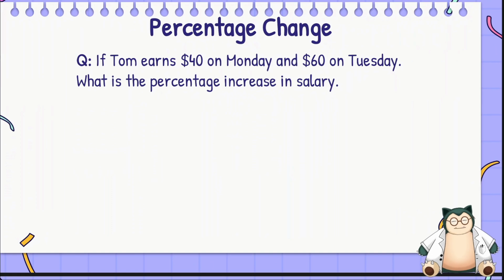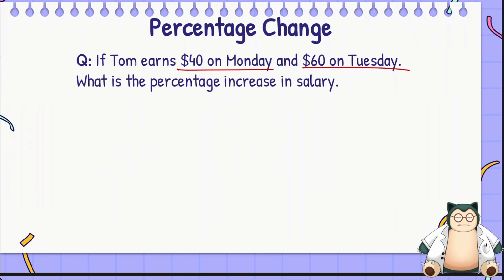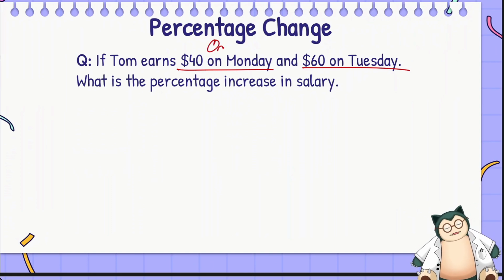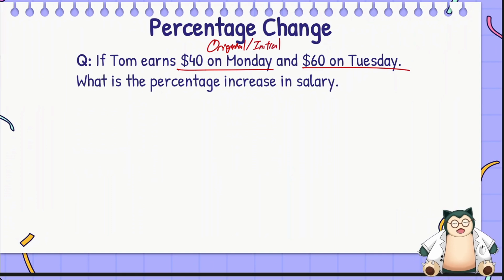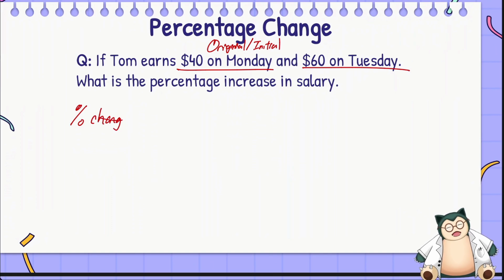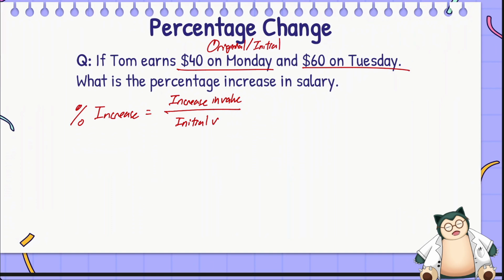If Tom earns $40 on Monday and $60 on Tuesday, what is the percentage increase in salary? Which is the original, Monday or Tuesday? In terms of time, Monday comes before Tuesday, so this is our original or initial. Our percentage increase would be the increase in value over the initial value.